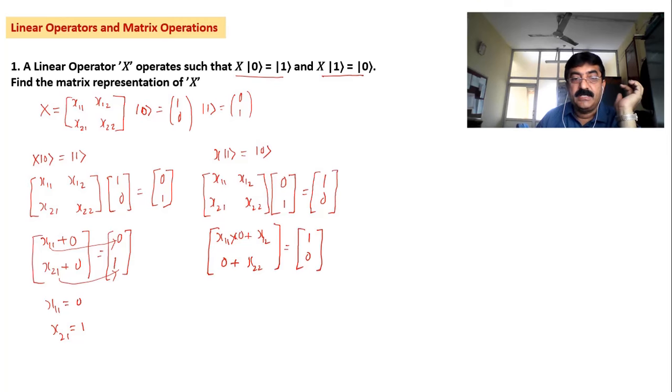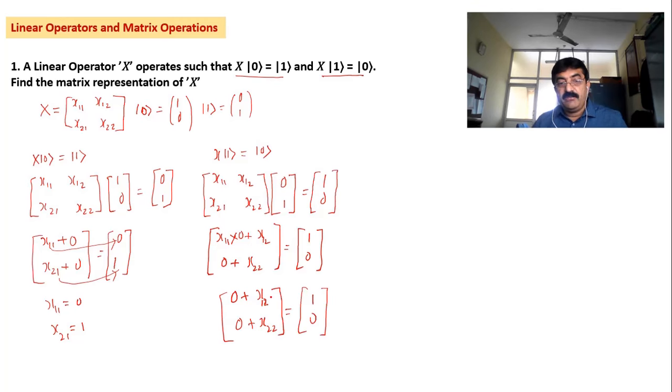Okay, dear students, now equate. x11 into 0 is 0, plus x12, and this is 0 plus x22, so that is equal to 1 and 0. So now equate: x12 is equal to 1, x22 is equal to 0. So we have four elements, two here, two here.